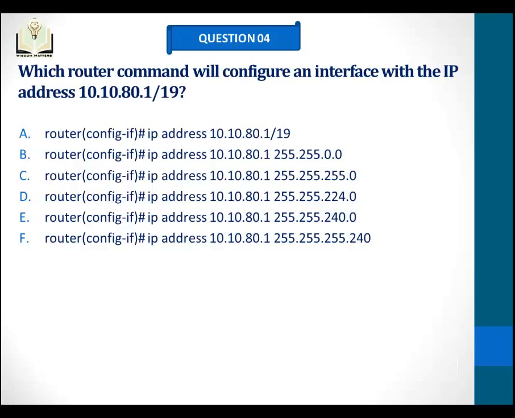Question 4. Which router command will configure an interface with the IP address 10.10.80.1/19, a 19-bit subnet mask?